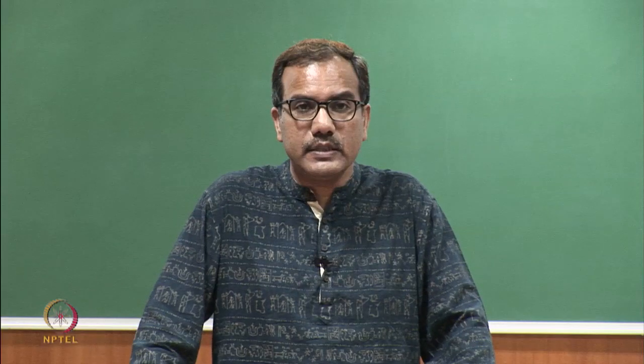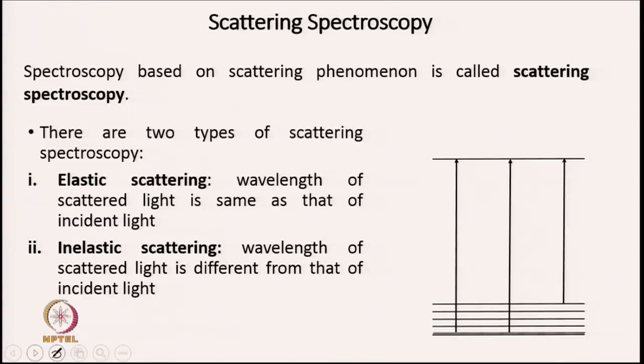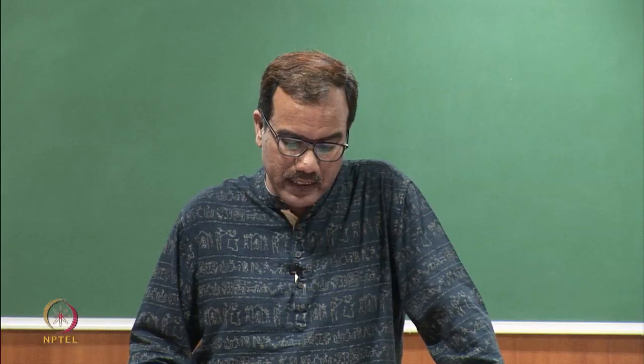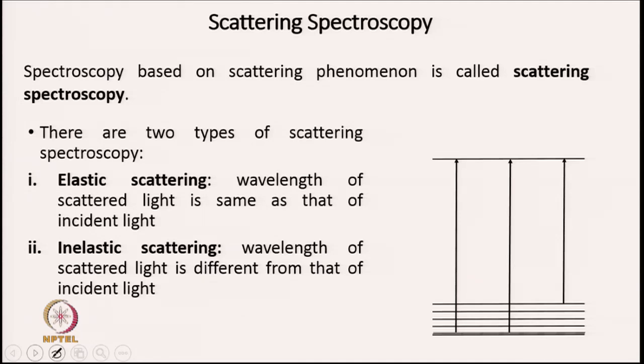Now, the next thing we are going to discuss is scattering spectroscopy. These are particularly important if you want to calculate the energy of rotational levels for nonpolar molecules. They are based on the scattering phenomenon, and scattering can be of two types.